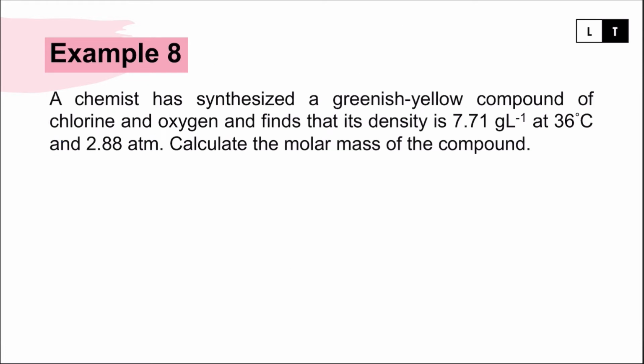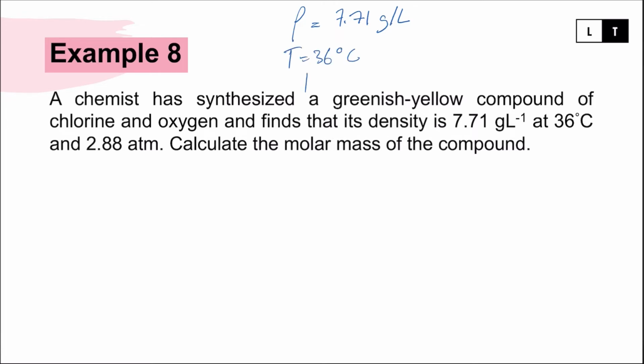A chemist has synthesized a greenish yellow compound of chlorine and oxygen and finds that its density is 7.71 gram per liter. So, keluarkan information. Density 7.71 gram per liter. And after that, temperature we have 36 degrees Celsius.